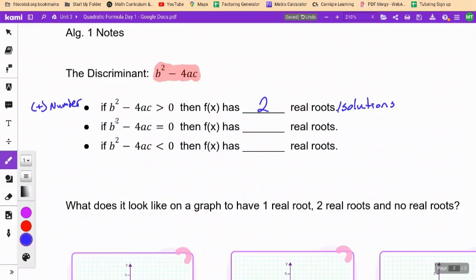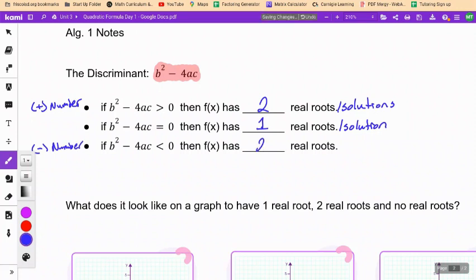If the discriminant, b squared minus 4ac, the number underneath the square root, is equal to 0, then it has one real root or solution. And then if the discriminant, b squared minus 4ac, the number, again, underneath the square root, is less than 0, that's a negative number.